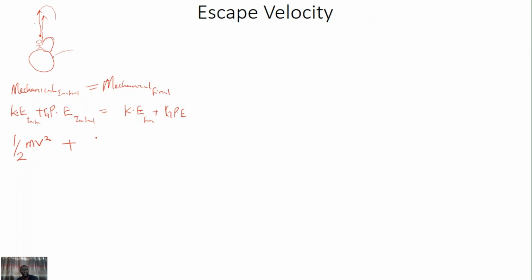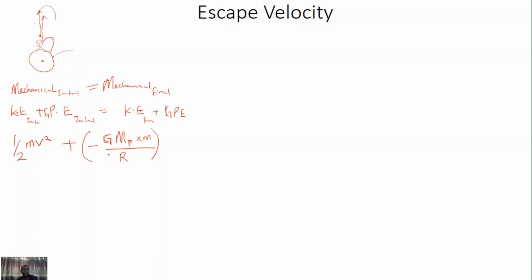And the gravitational potential energy of a body is equal to minus the gravitational constant times the mass of the planet multiplied by the mass of the body divided by the radius of the planetary body.